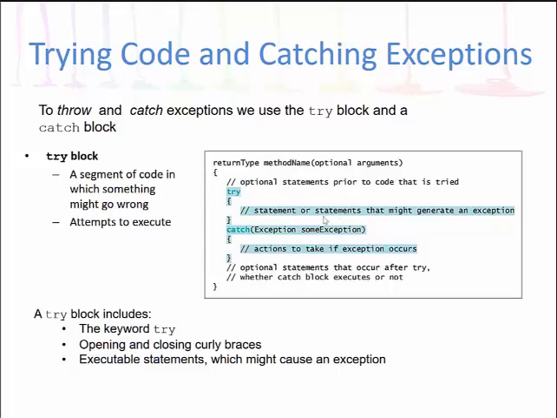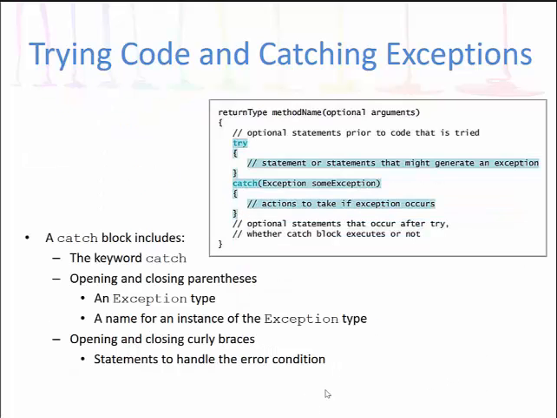braces, your statements, and then the catch. And how does the catch work? Well, the catch is that if our try fails, we're going to catch that exception in this block. So the word exception is the class that we're trying to catch.